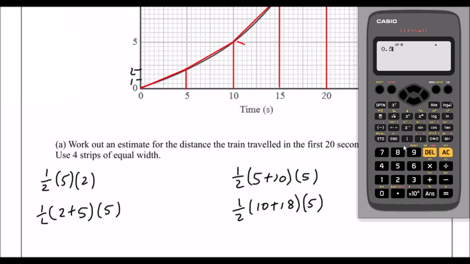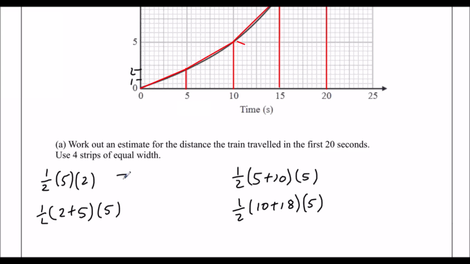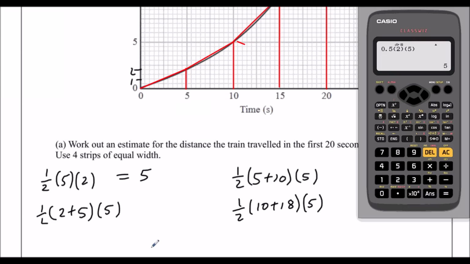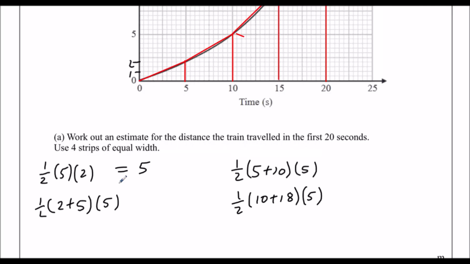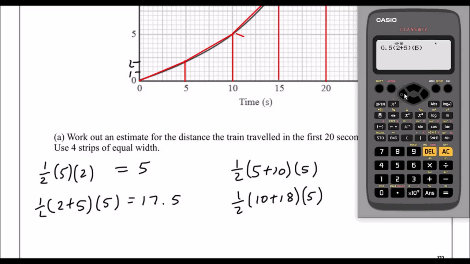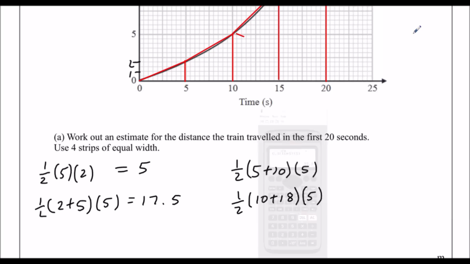So we have half of 2 times 5 for the triangle, which is 5. Half of 2 plus 5 times 5, 17.5. Half of 5 plus 10 times 5, which is 37.5.